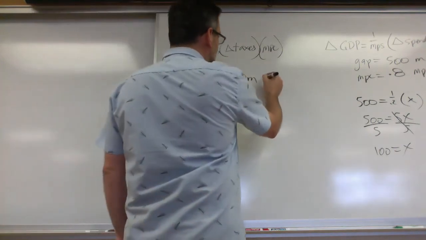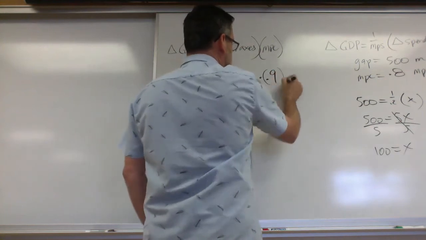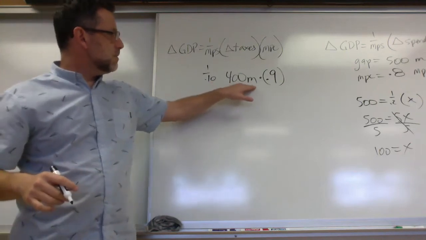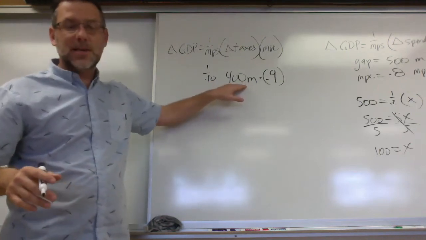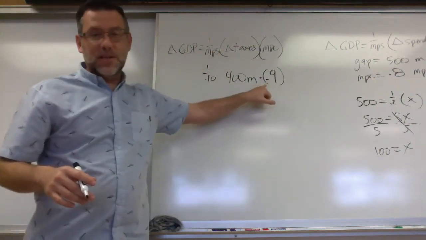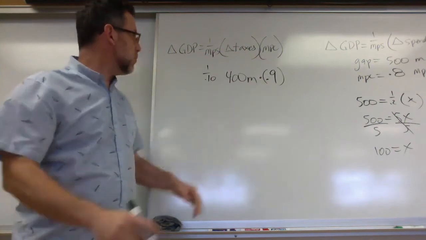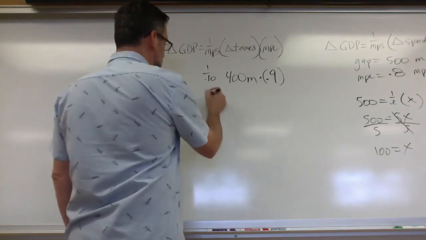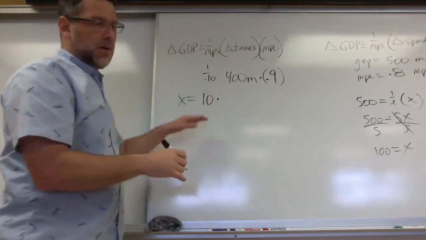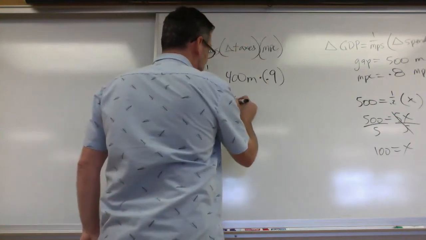Well, then that means I need to multiply this times 0.9, because of that $400 million, when it hits people, they're going to spend 90% of it. So that's why we multiply times 0.9. The other 10% never goes to the economy. So we end up with x equals 1 over 0.1, that's 10, times 400 times 0.9, that's 360.